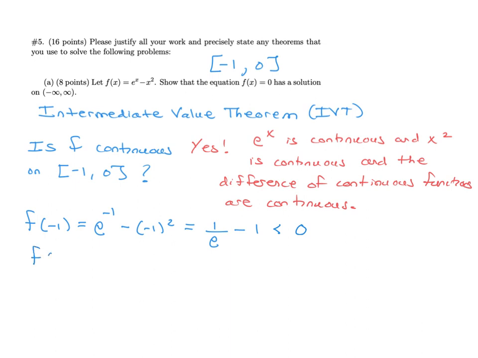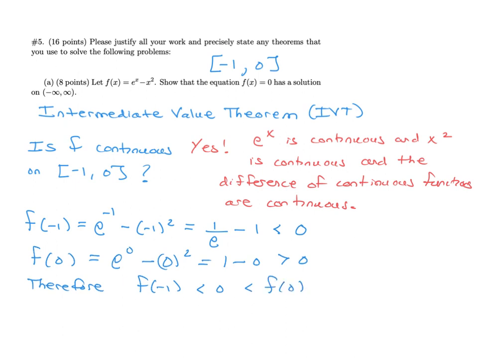Now, if you check f of 0, that's e to the 0 minus 0 squared, which is 1 minus 0, and that is positive. Therefore, we know that f of -1 is less than 0, is less than f of 0. Our function goes from a negative number to a positive number, and 0 must be in between.